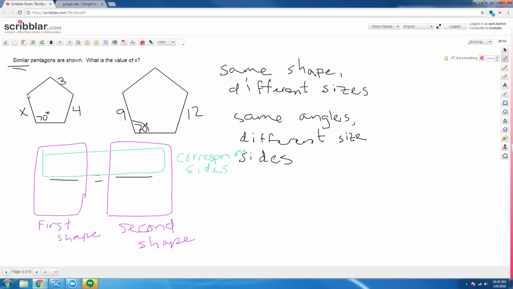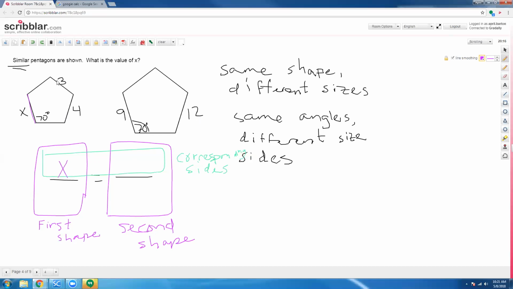So the first shape, we have X that we're looking for over one of these other sides. Now what's confusing though is we have two options. Which one do we use? We always want to pick the one that has a corresponding side.